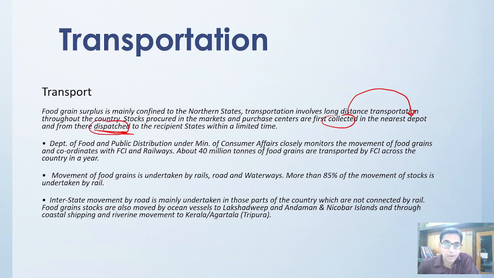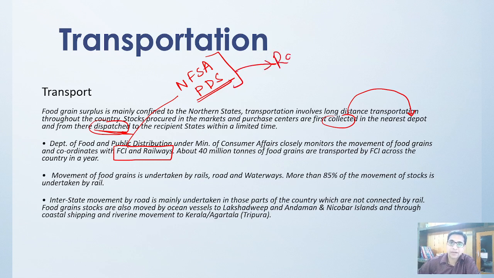As per the PDS system, the Ministry of Consumer Affairs closely monitors this movement of food with FCI and railways, because FCI is where we store the food for the National Food Security Act and the public distribution system. So the focus is mainly on railways.